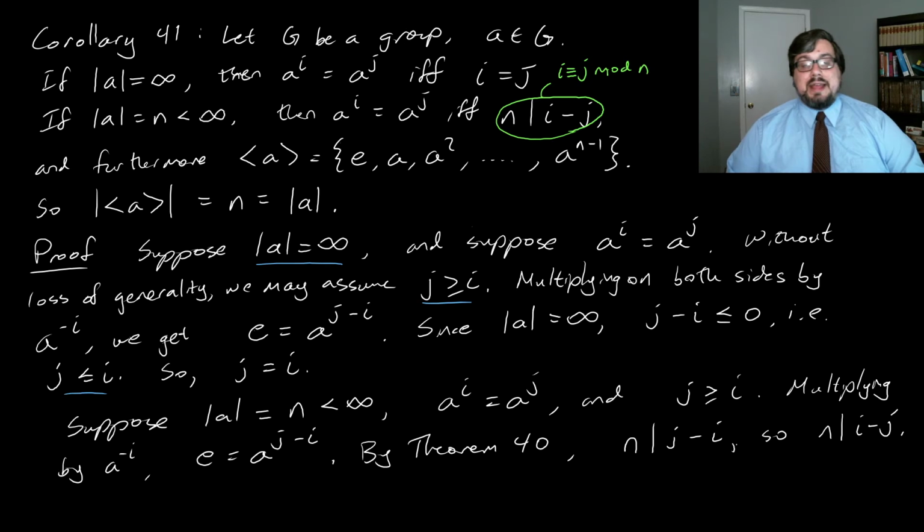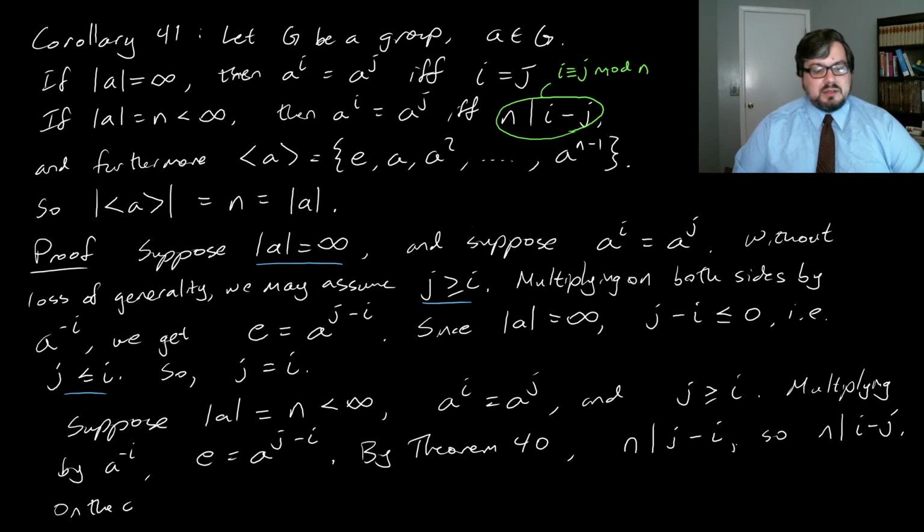So that gives one direction. That shows that if a to the i equals a to the j, then n has to divide i minus j. On the other hand, if n divides i minus j, then i minus j is equal to n times q for some q.